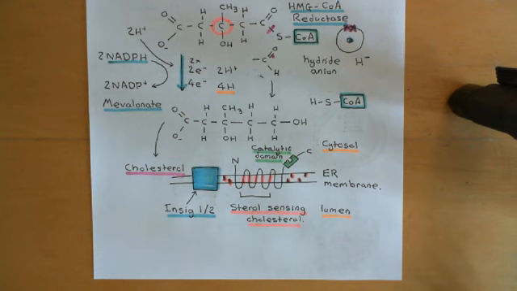What we will talk about in the next video is the opposite thing. When cholesterol is too low, how does the cell then respond? The cell is going to respond in two ways. Firstly, it's going to make new HMG-CoA reductase enzymes to start up biosynthesis of cholesterol again.